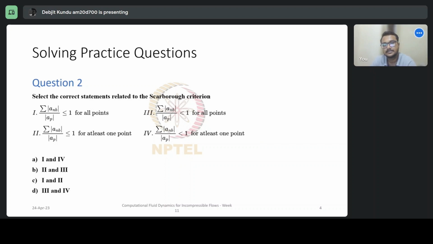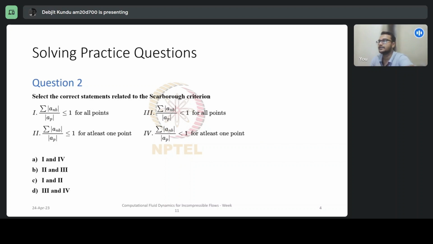Statement 3 says summation over all A and B over AP should be less than 1 for all points. And statement 4 says summation over A and B over AP should be less than 1 for at least 1 point. So which one would it be?